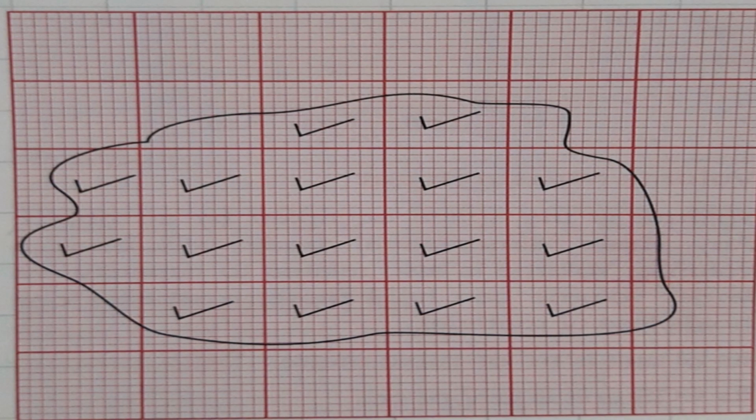And then we are going to count the squares which were covered more than 50%. First what did we do? We ticked all the squares that were fully covered. Then next we choose the ones covered more than half. So at the top there are two squares, and in the second line in the corners 2 squares, and again in the third line the first square is partially covered, more than 50% covered.